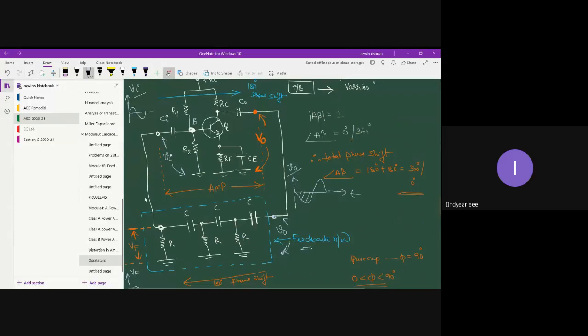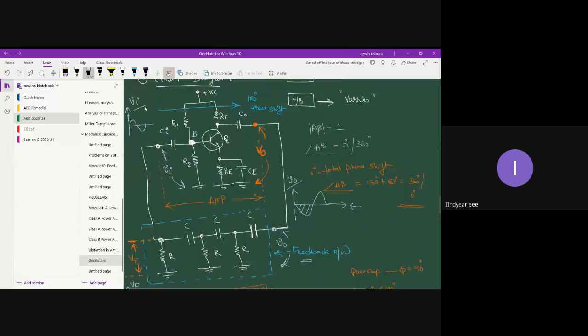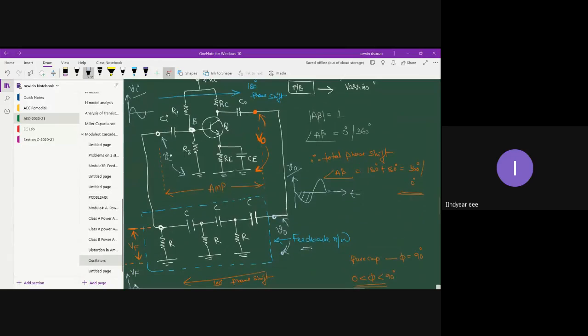See, your VI always matches with VF. That's because VF itself is connected back to the base terminal of the transistor, and that is how the feedback is fed back to the input terminal of the transistor.